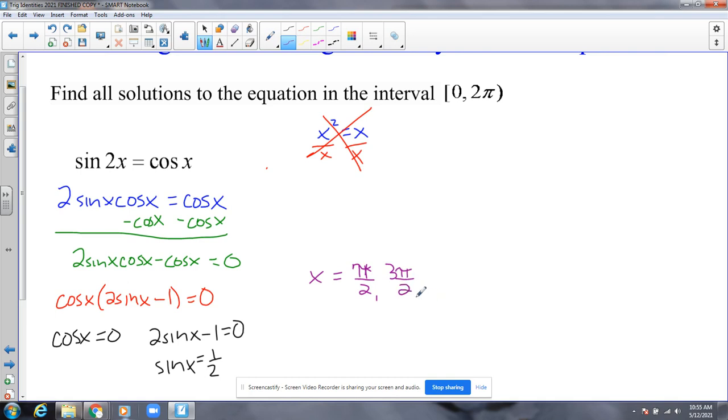And then sine of x is a positive 1/2, so quadrants 1 and 2 with a reference angle of pi over 6. So there would be my two sine values where the ratio of the sides is 1 over 2. All right, so nothing crazy, nothing totally new, but we will need to continue to think about our identities.